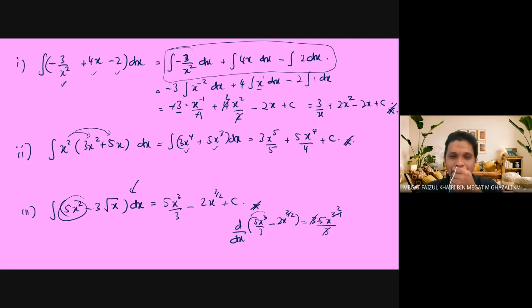And then minus, bring 3 over 2 to the front: 3 over 2 times 2x power of 3 over 2 minus 1, which is 1 over 2. So 2 divided by 2, then you get negative 3x power of half, which is square root of x. Good.